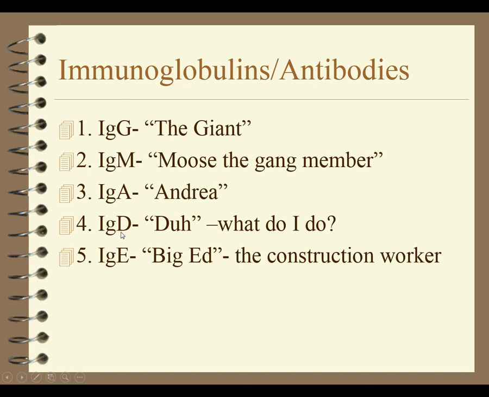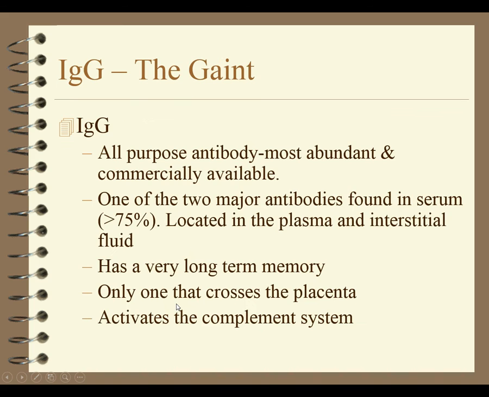IgD, duh, what do I do? And then IgE, Big Ed. Big Ed is our construction worker, and we'll talk about why we've called him the construction worker in a little bit. If you think this is silly, don't pay any attention to it. Just remember IgG, M, A, D, and E. These are just easy ways for me to remember them.